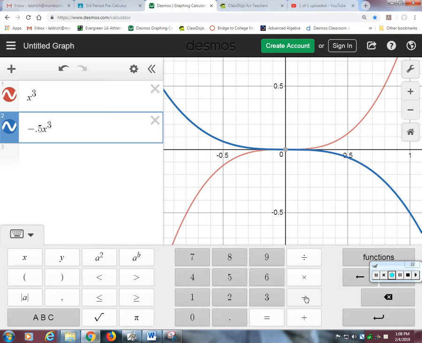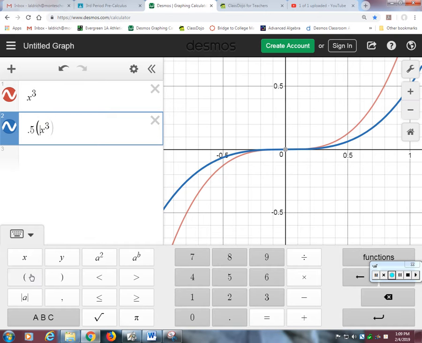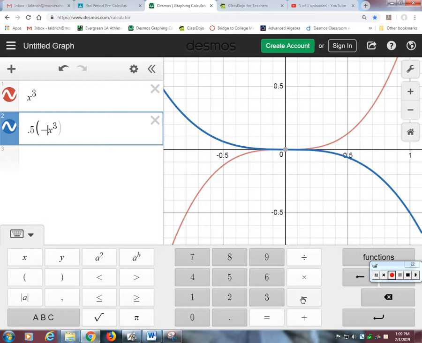Some of you were a little bit confused about the inside-outside that I said. You were like, inside or outside of what? So outside of the whole function, that flips it over the x-axis. If I wanted to flip this over the y-axis instead, then I would need to put the x in parentheses and put a negative in front of it right there inside the parentheses.